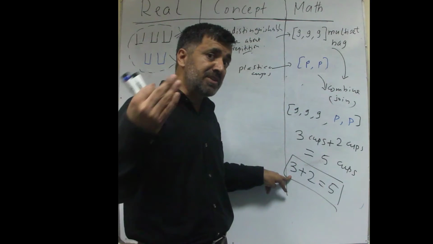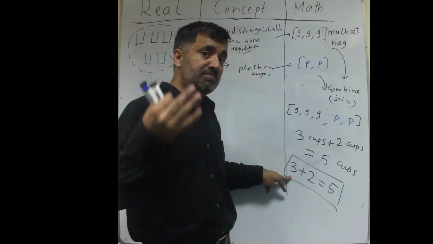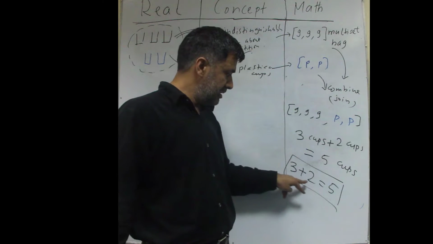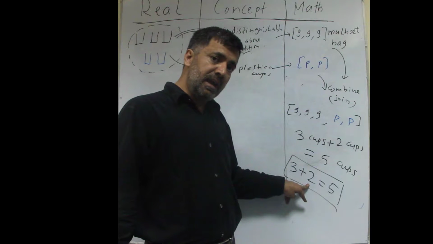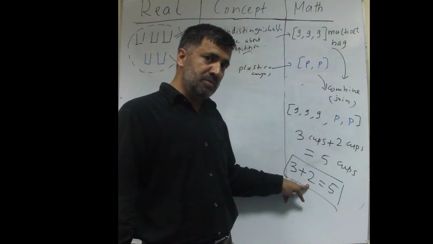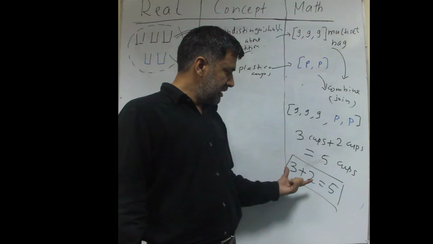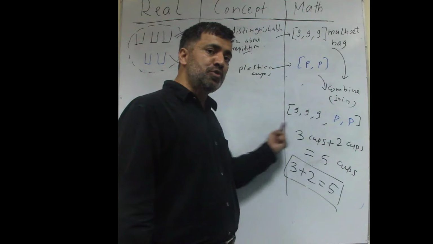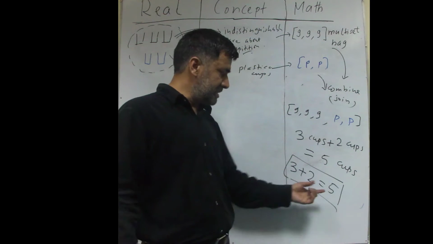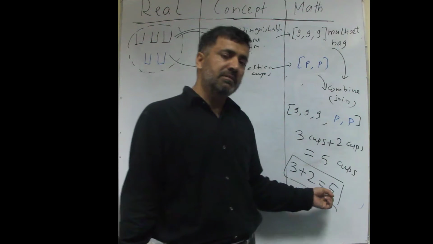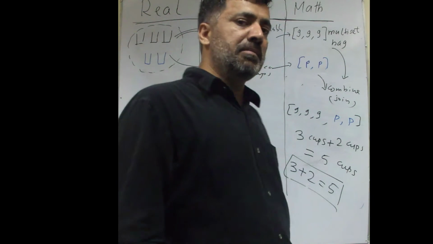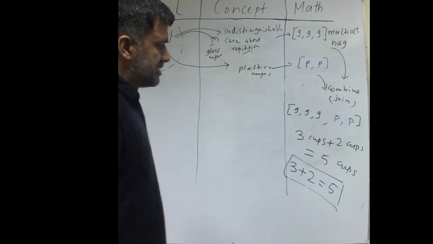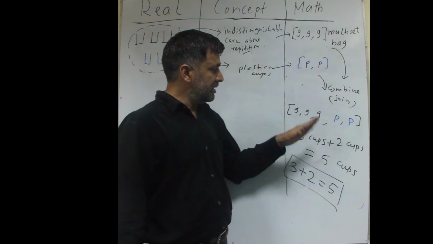I don't know even, and I can construct that multi-set from empty sets as well. Another multi-set with size 2, which means 2 elements. And now if I combine those two multi-sets and make a larger multi-set, this larger multi-set will have 5 objects or 5 elements.